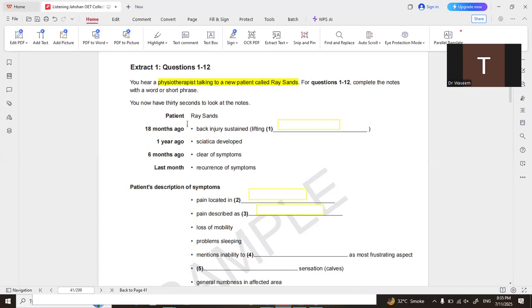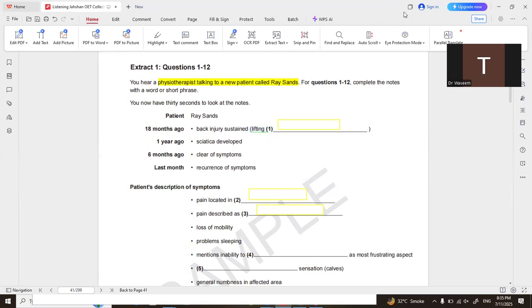For example, it is written over here, 18 months ago, back injury sustained. Okay. So the patient had some sort of back injury. For what reason? Maybe, and it is given in the bracket that he was lifting something. Okay, so he was lifting something.